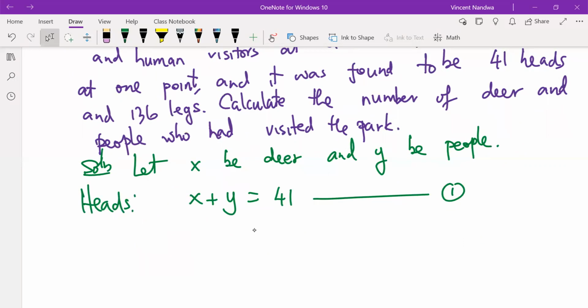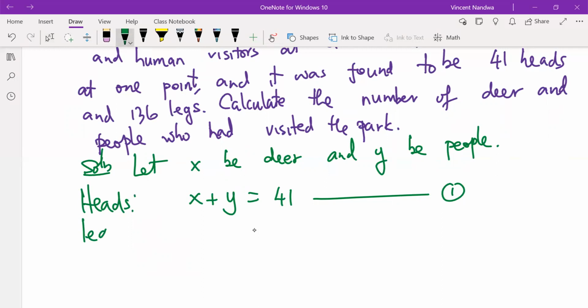And then there are a total of 136 legs. We know that a normal human being has 2 legs and a normal deer has 4 legs. So if they were X deer, then the total number of legs for deer was 4 times X. And if they were Y people, the total number of legs for Y people would be 2 times Y. And when we sum, we should get 136.